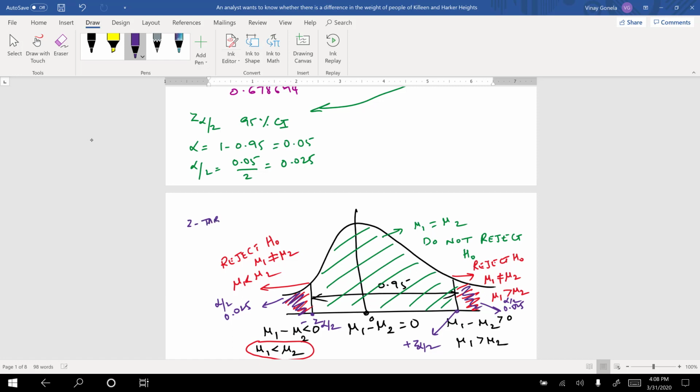The z table is going to give you the left side of the curve. So you are looking for z 0.025. So here the probability is 0.025. What is this value? I will go to the z table and look for that value.